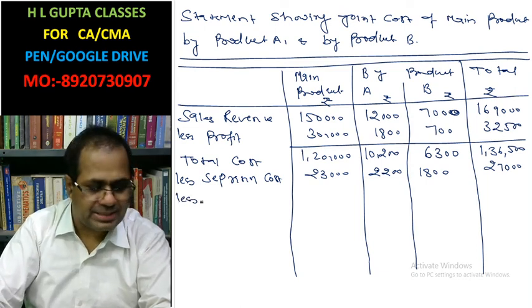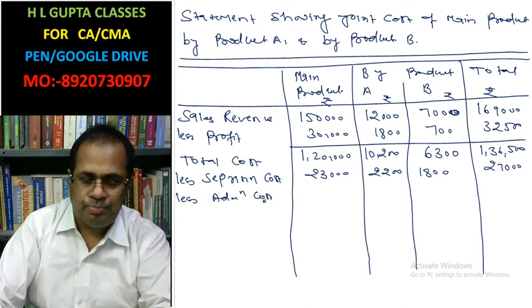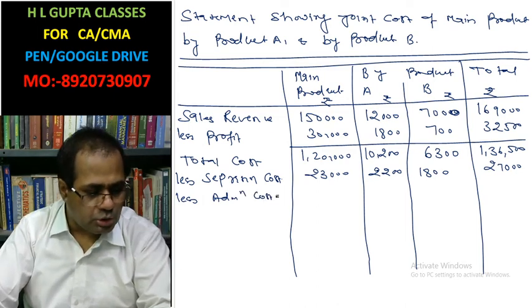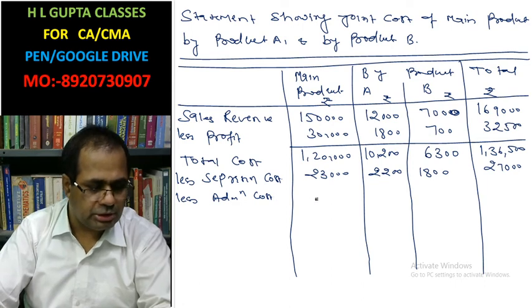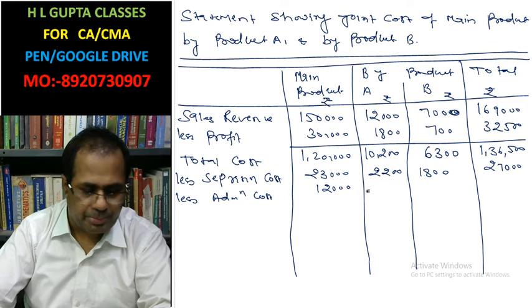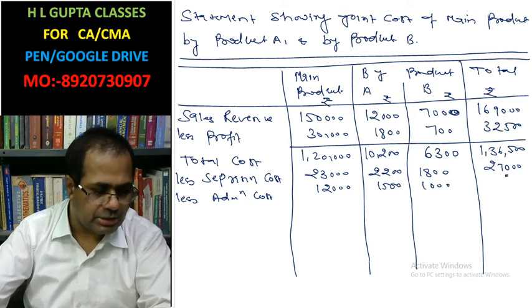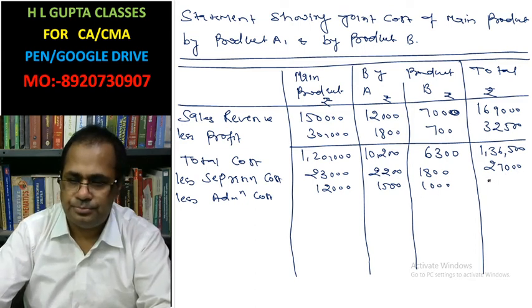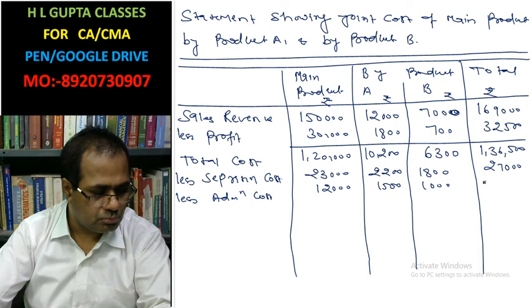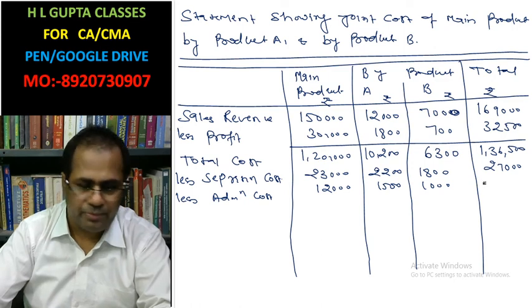Less administrative cost. Administrative cost of main product is 12,000, 1,500, 1,000, total 14,500.